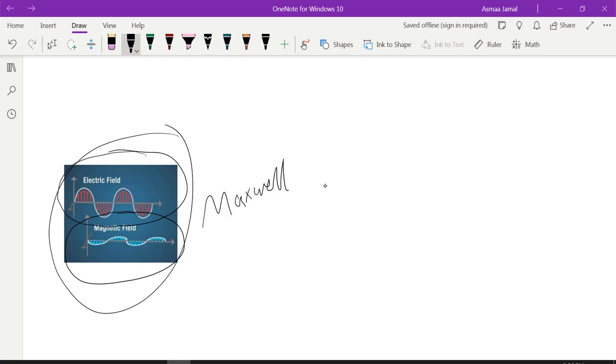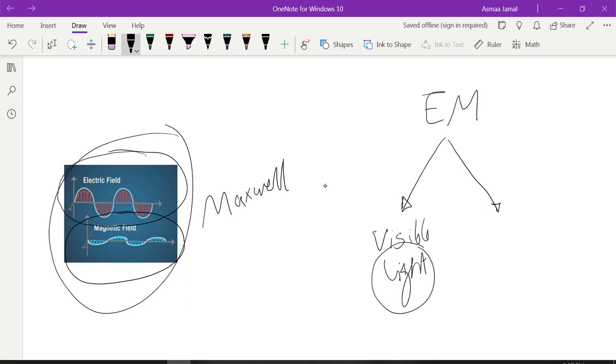So we keep saying light and electromagnetic waves. If there is any difference between them, in electromagnetic waves, we have two parts. One that you can detect by your eyes, and you use it to observe and see, and we call that the visible light.